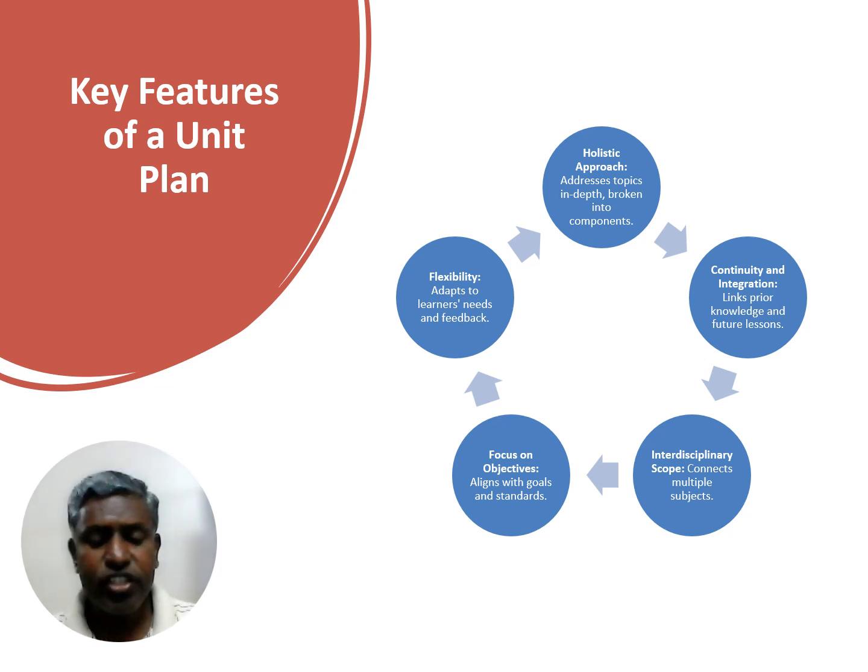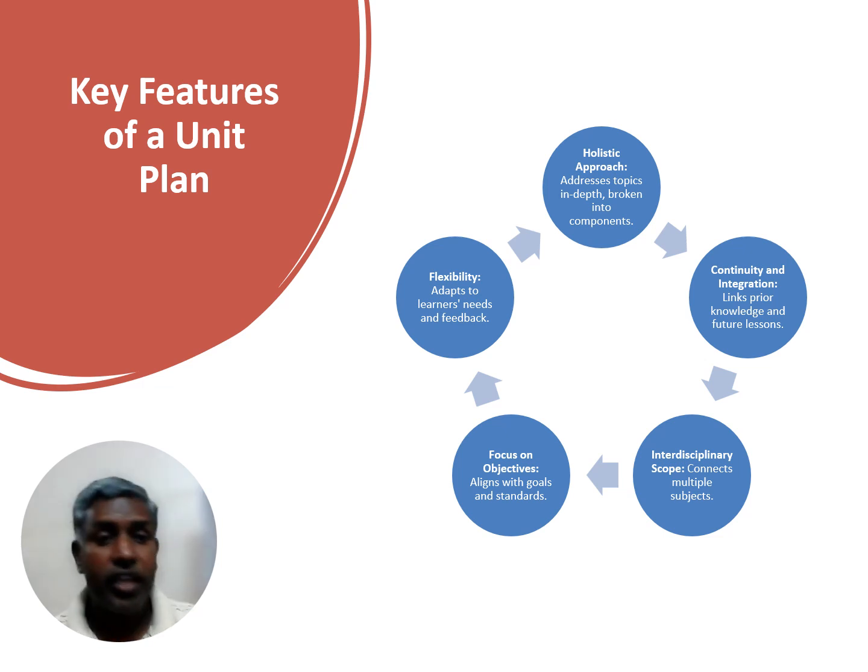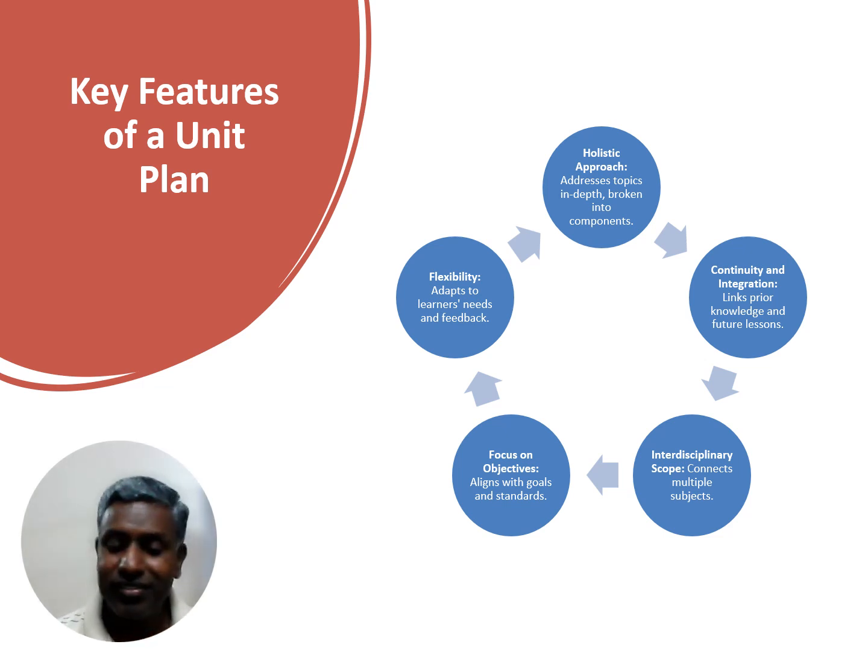It addresses the topic in depth by breaking it into smaller interconnected components. This is very important, because the biggest problem of learning among children is that they are not able to cope with vast teaching methodologies or vast content in a single stretch. So if we want to provide quality teaching, we have to break down the unit into small topics.